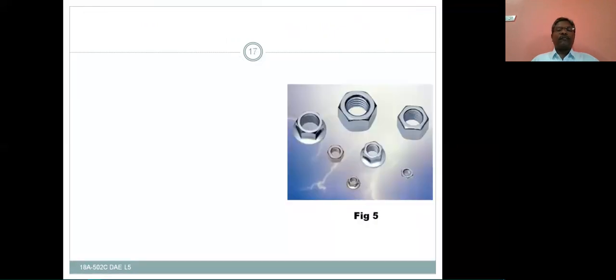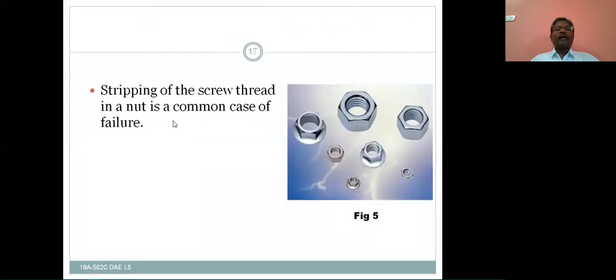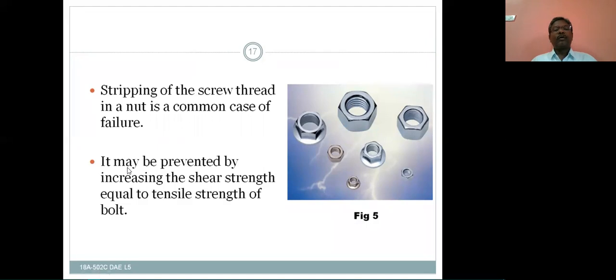Number two, stripping of the screw thread in a nut is a common case of failure. That means the threads may fail by stripping action. It may be prevented by making the shear strength equal to the tensile strength of the bolt.